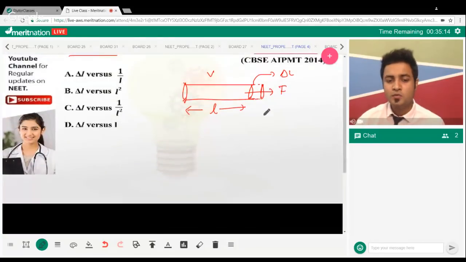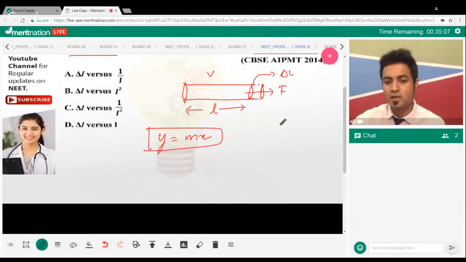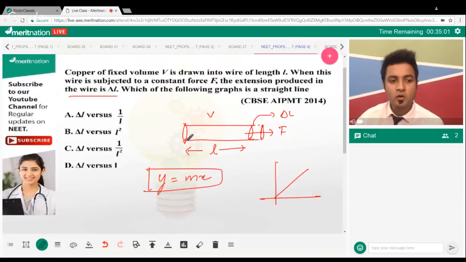A straight line happens when the graph is like y equals mx, right? So we need to figure out which one is the correct one.